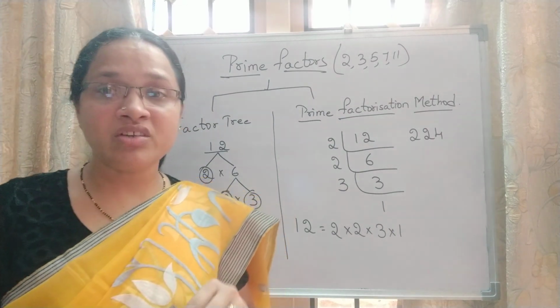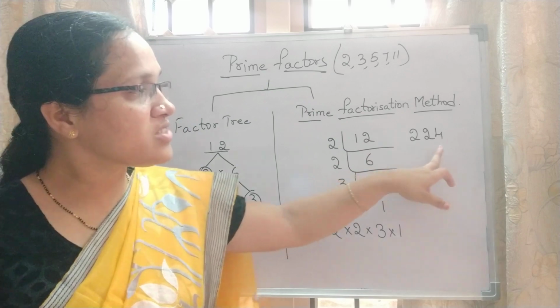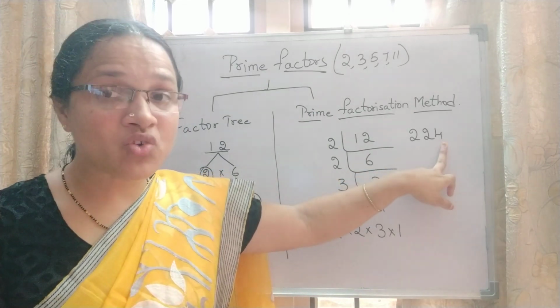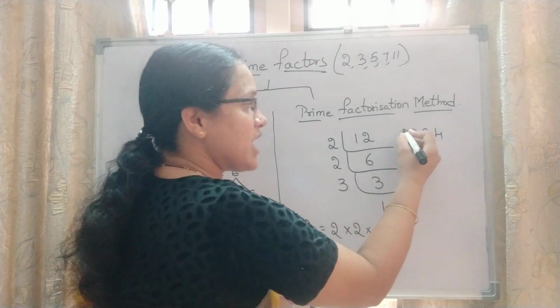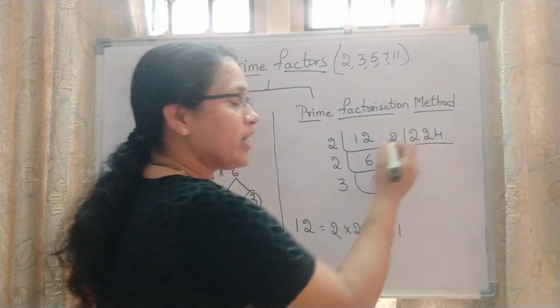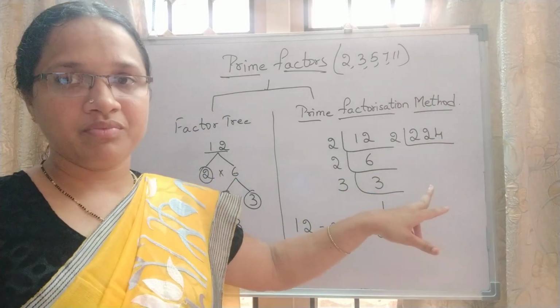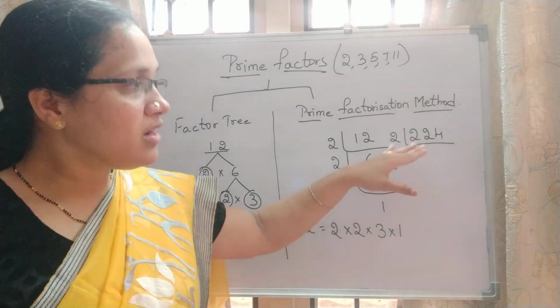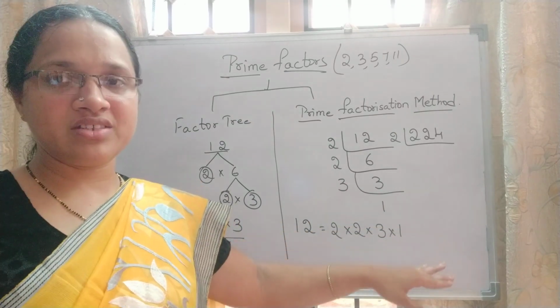These are all linking topics, children. So first you will see the last number, 4. That means it is divisible by 2. Yes or no? So you can start dividing, and write the quotient here. Yes or no? Next, slowly you can continue the prime factorization method.